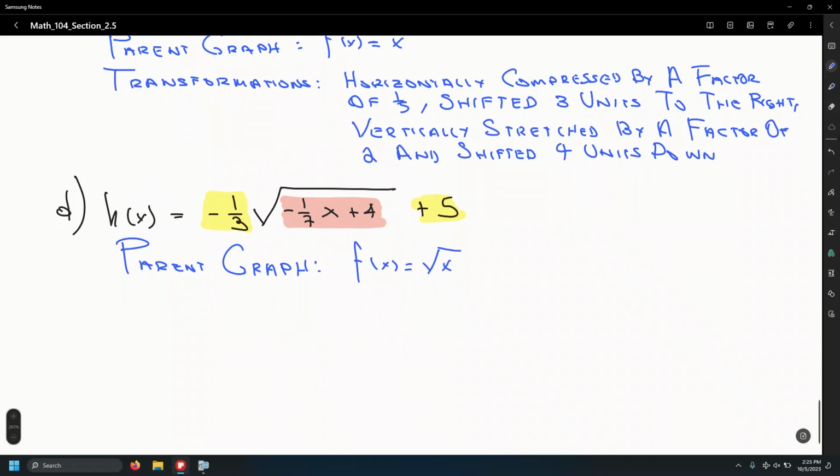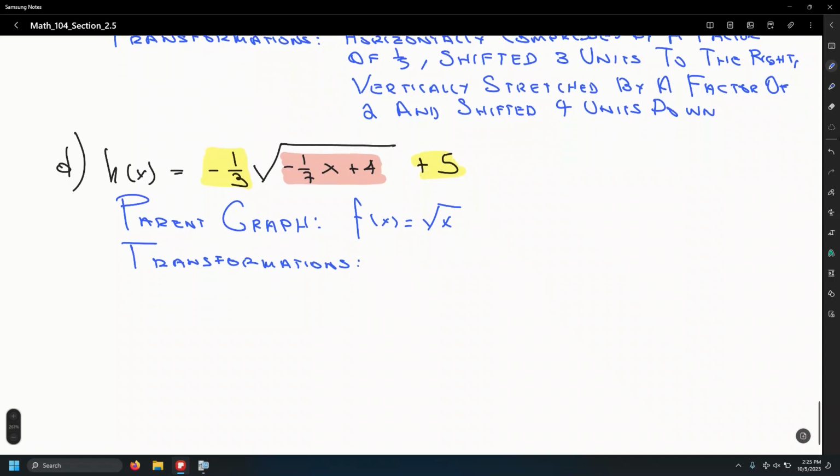And okay, transformations. Let me start with the inside of the radical. That'll be the negative 1/7 x plus 4.